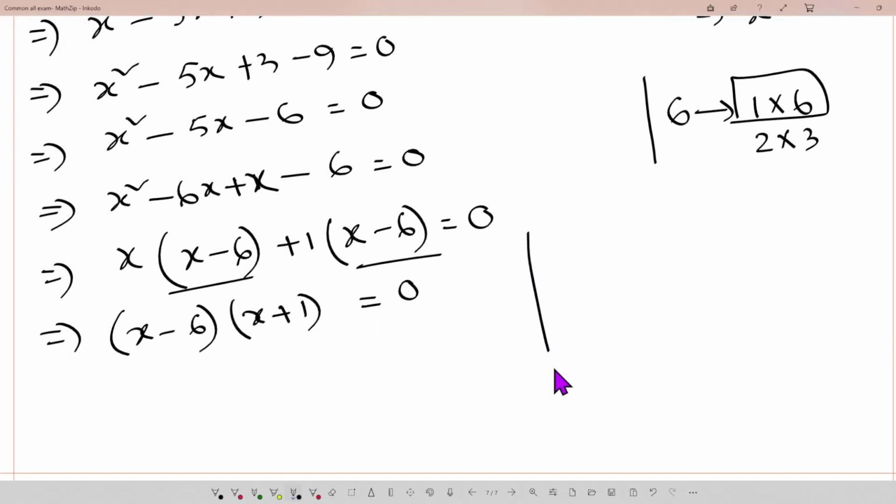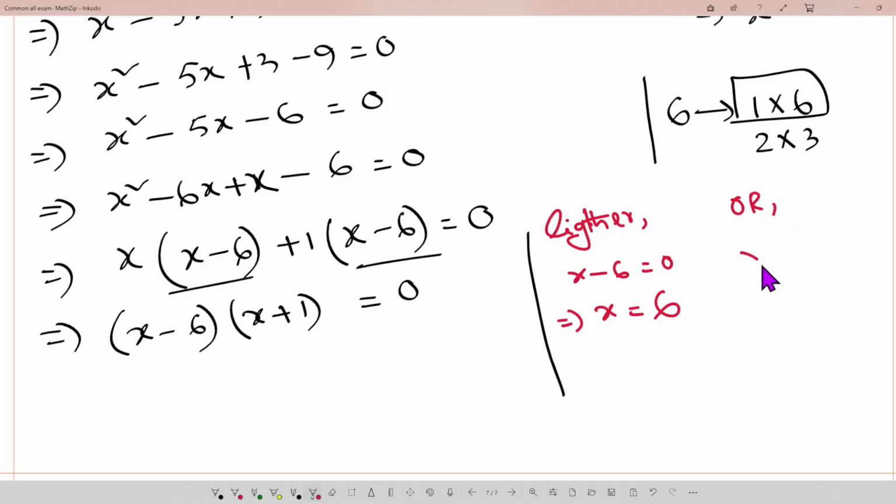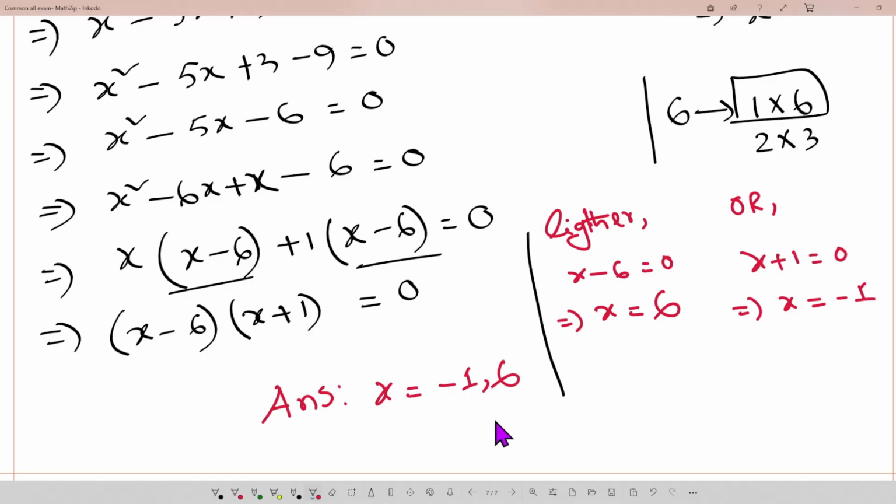Finally we can write either x minus 6 equals 0, that means x equals 6, or x plus 1 equals 0, so x equals minus 1. So our answer, x equals minus 1 or 6.